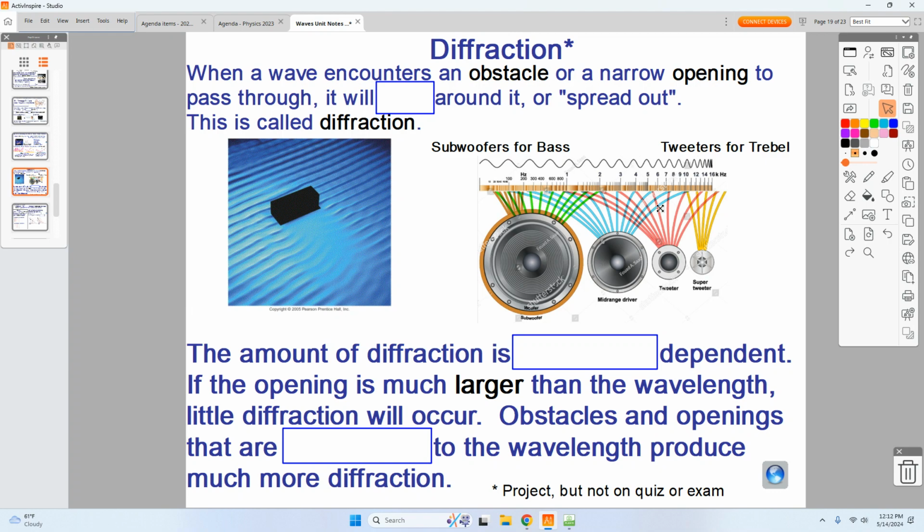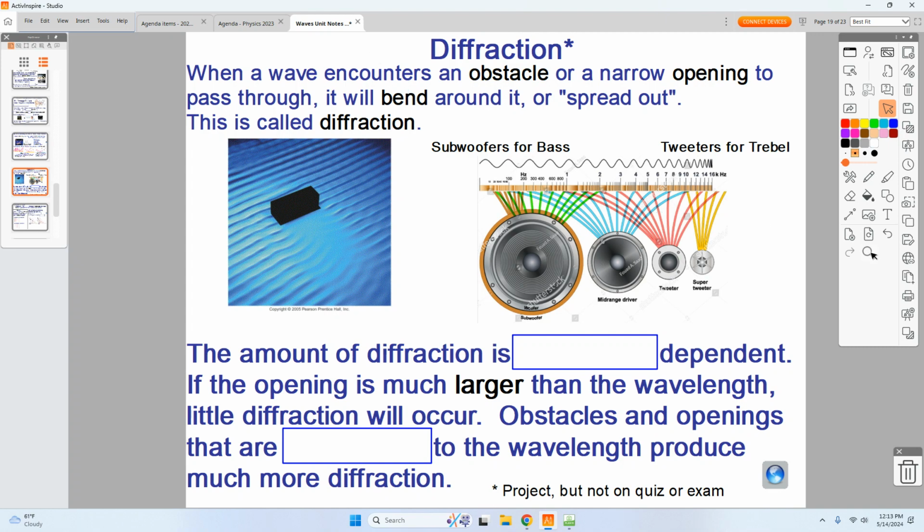We can hear or see that sound wave or light wave on the other side of the obstacle because it spreads out as it goes past. For subwoofers, the bigger the speaker, the better the sound will diffract for low frequency waves. So Tayden, yours is going to be subwoofer stuff.